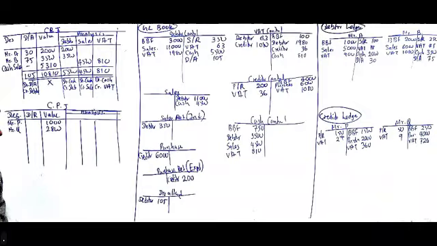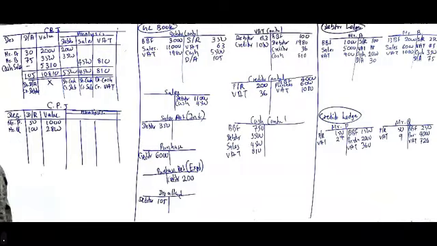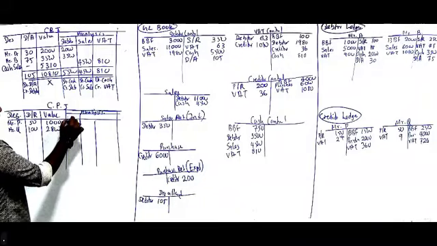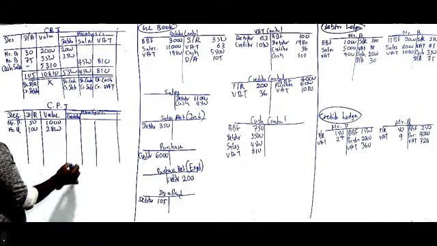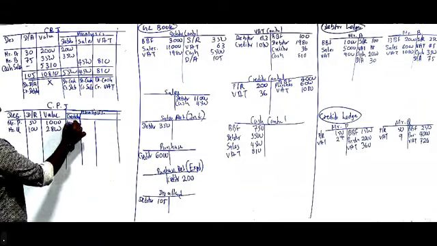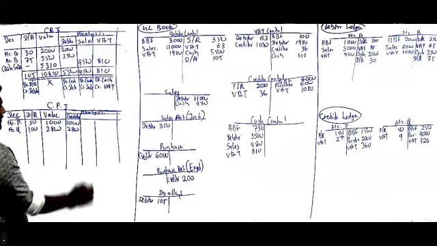And discount received amounts also given, 50 and 100. So one column we can take cash payment for creditors. Cash payment for creditors. Mr. P 1000. Mr. Q 2800.